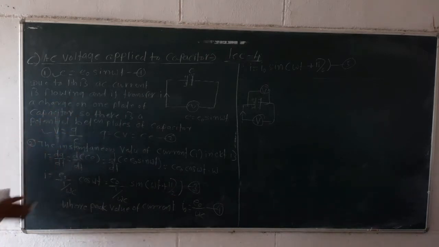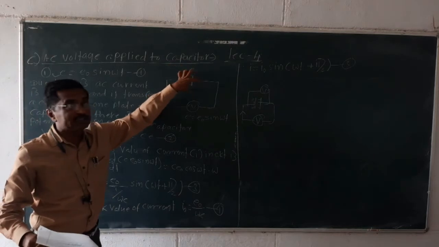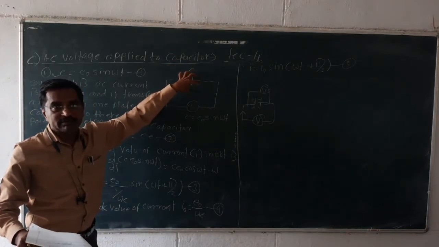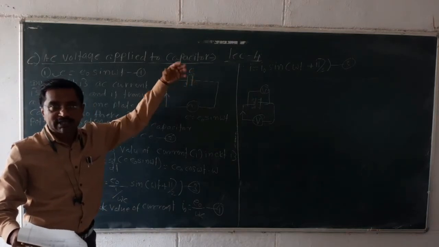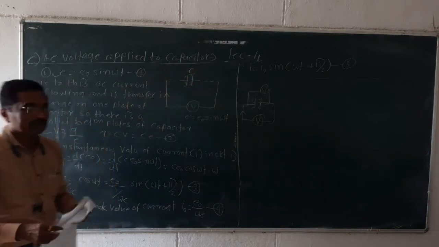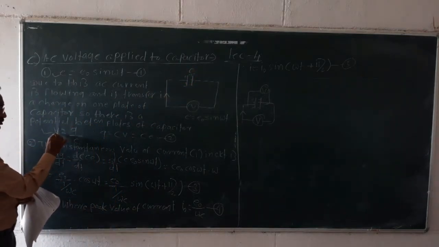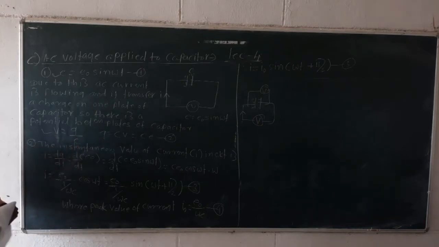The capacity of capacitor means how much charge it can store, that is the capacity of capacitor. So the potential between the plates, V is equal to Q upon C.